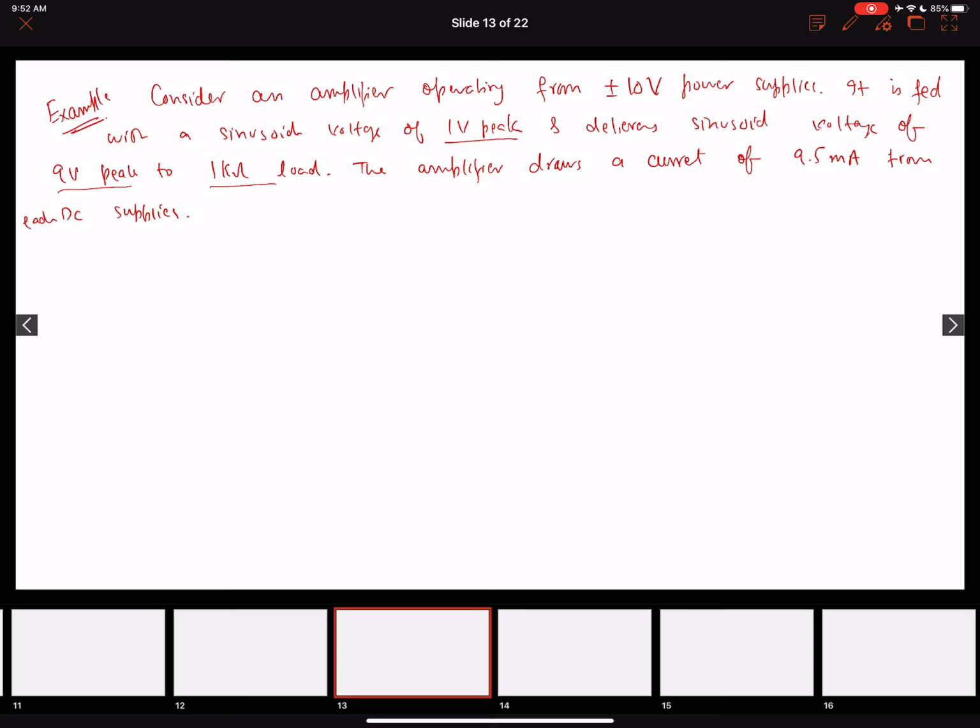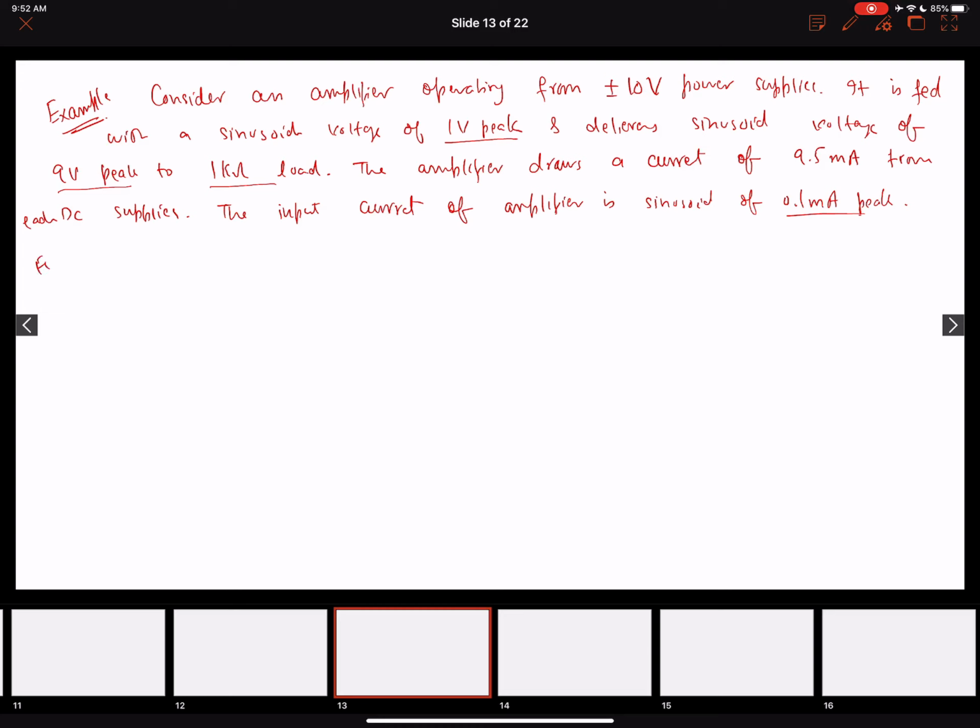Which means that your current values, ICC and IEE, that we saw earlier in the lecture today, are equal to 9.5 milliamperes. Okay, so the input current of the amplifier is a sinusoid of 0.1 milliamperes peak. We also know the input current, which is 0.1 milliamperes, that is drawn from the source.